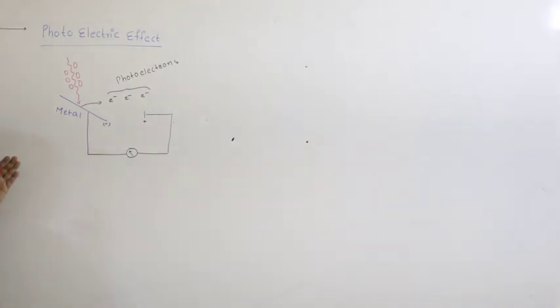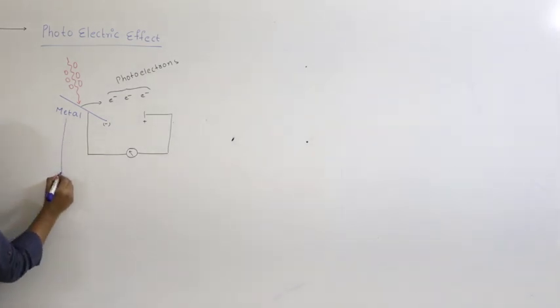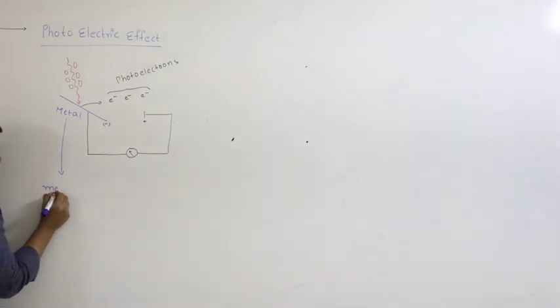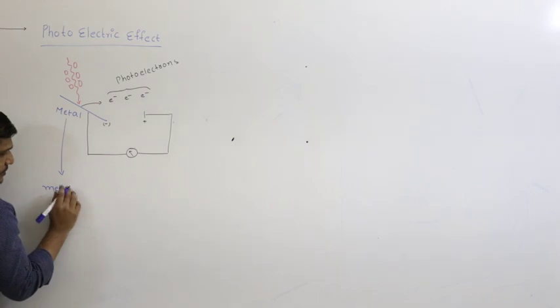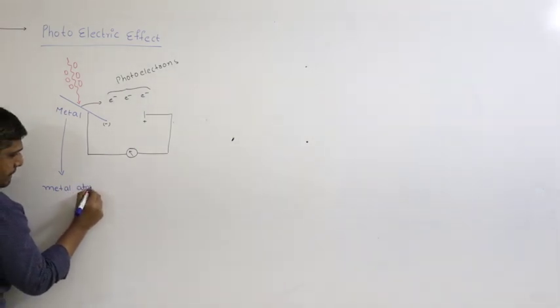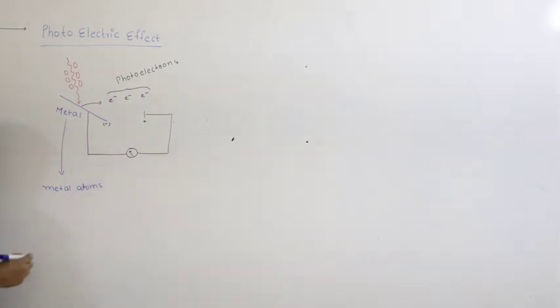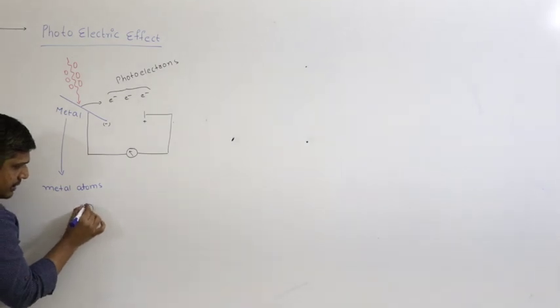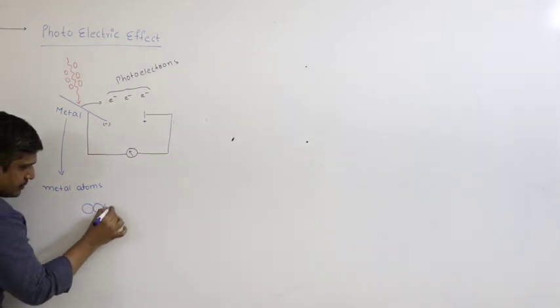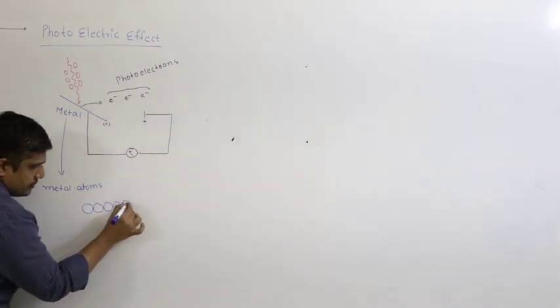Now, what is really happening here? When this light radiation falls, that means the photons are striking the surface of the metal. What is metal? Metal is matter. It is made up of metal atoms. Metal atoms are tightly packed with one another.